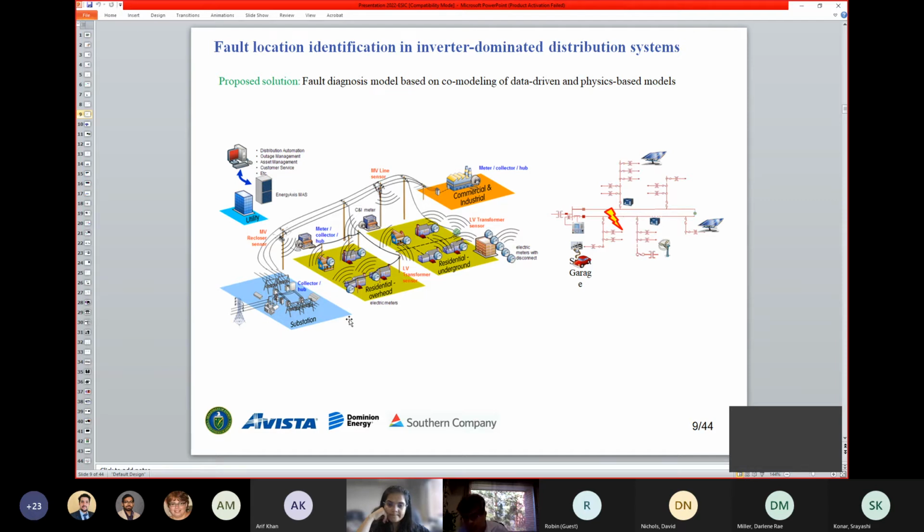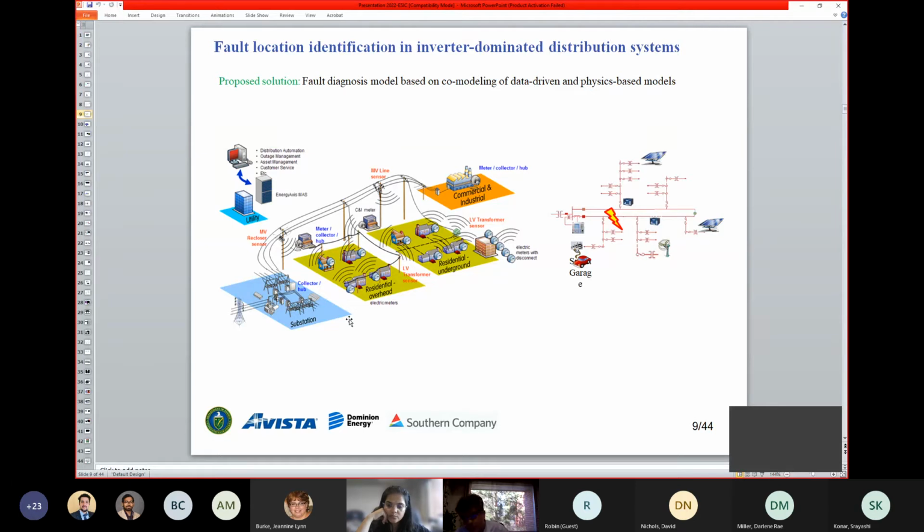There are some other algorithms as well. People talk about that, because these are not new types of problems in terms of protection. In the protection community, we have so many solutions for this, like injecting certain harmonics and so on and so forth. But these two are the more feasible solutions that I can think of.